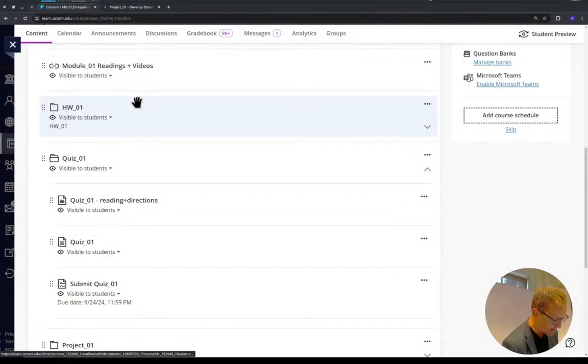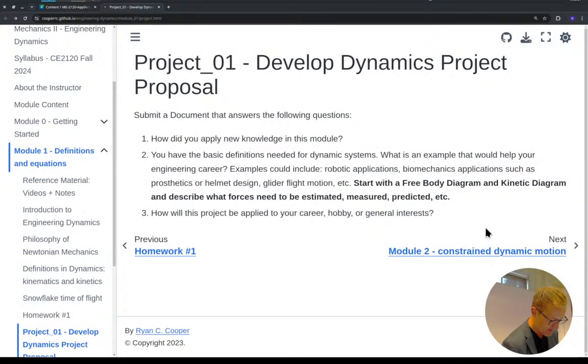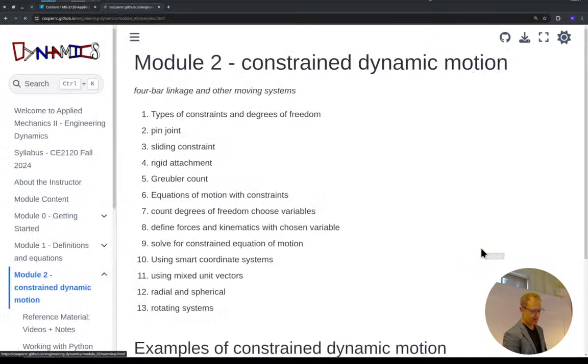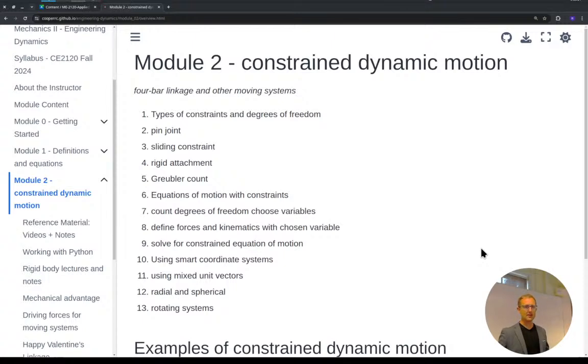But now we can jump right in. We did our project 1 proposal on Friday, and the next thing is constrained motion: thinking about what motion is, and when we start adding constraints to it, how does that change how we define it and talk about it?